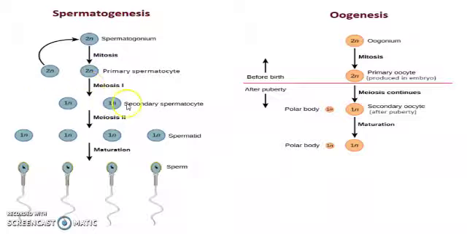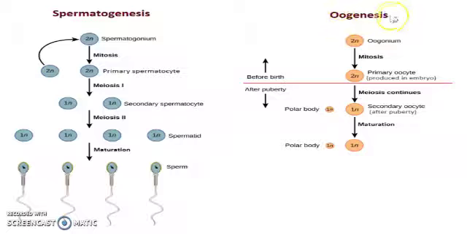Meiosis 1 results in the formation of two cells called the secondary spermatocytes. Then they undergo meiosis 2 and the four spermatid cells form. All of these undergo the maturation step called capacitation so that they can obtain their particular shape, particular structure, that is the head, middle piece and the tail. This helps them to penetrate the egg and fertilize the egg.